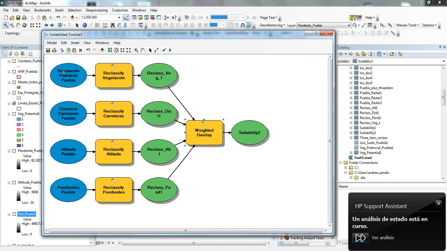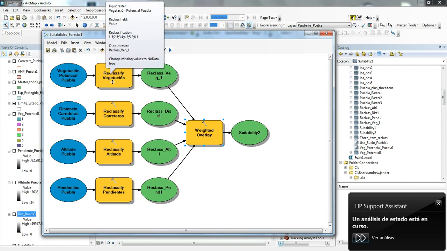And then what you have to do is look at all of these in the same frame of reference, as far as a value. And the tool that helps you do that is the Reclassify tool.